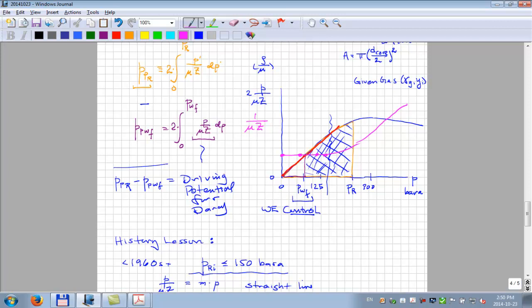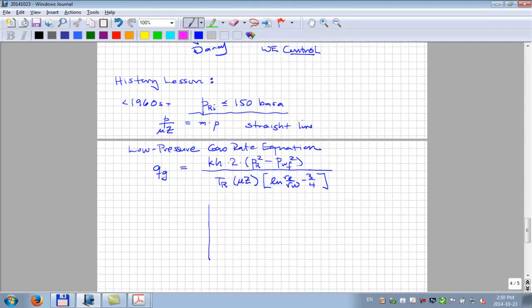It's constant. So what they usually do is pick this at either initial reservoir pressure, or you could just as well pick it at standard pressure, doesn't matter, and reservoir temperature. So basically, it's just a constant. So this whole thing is a constant for your reservoir.